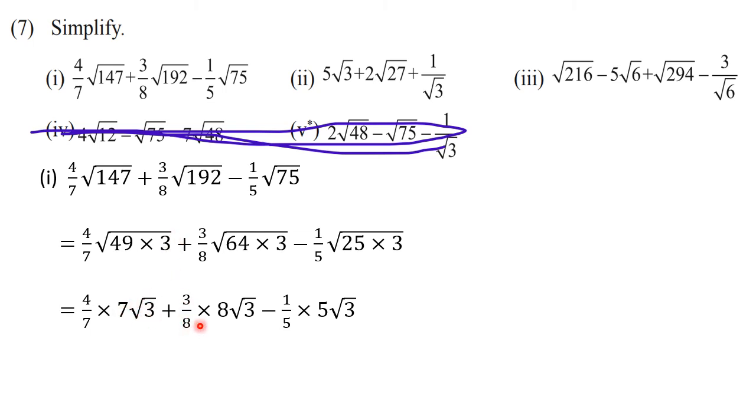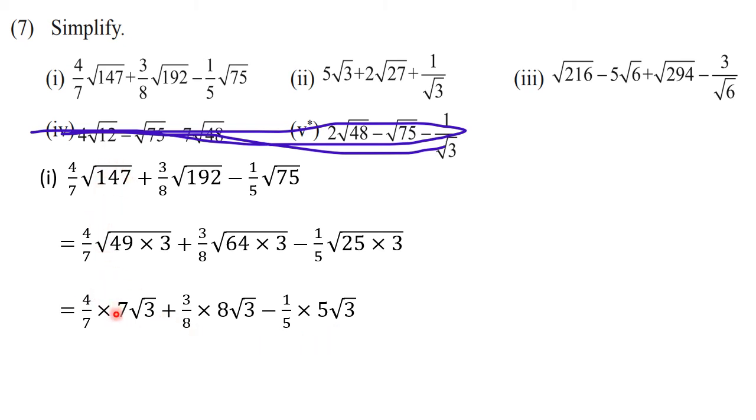Then 3 upon 8 as it is. 64 is the square of 8, so write 8 outside and root 3 inside. Minus 1 upon 5. Here the square root of 25 is 5, outside, and root 3 inside. Got it? So this is simplified now.